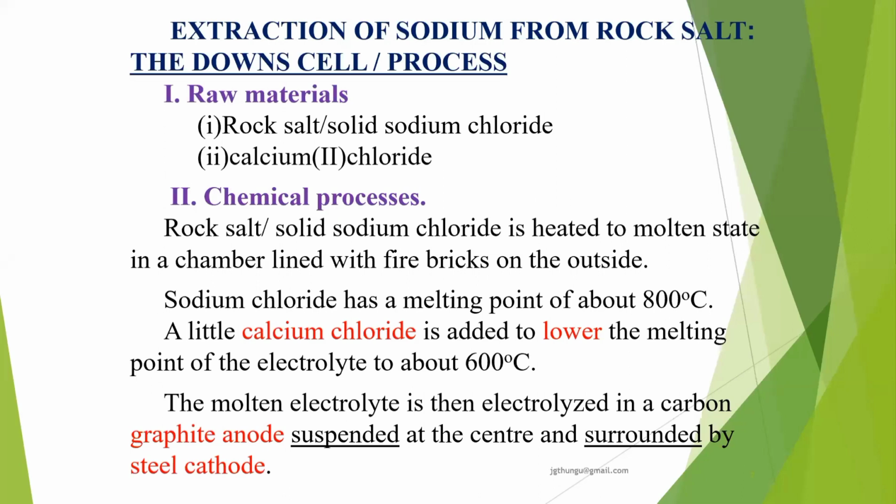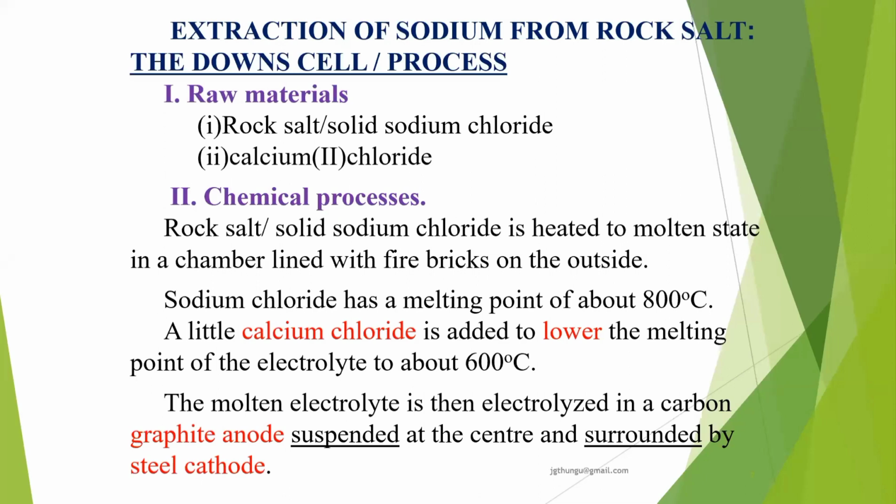The sodium ions are positively charged, so they are attracted to the cathode, which is negative. So positive goes to negative, and the negative ion goes to the positive electrode. That means we shall have two products: chlorine gas will be liberated at the anode, while sodium is going to be liberated at the cathode.